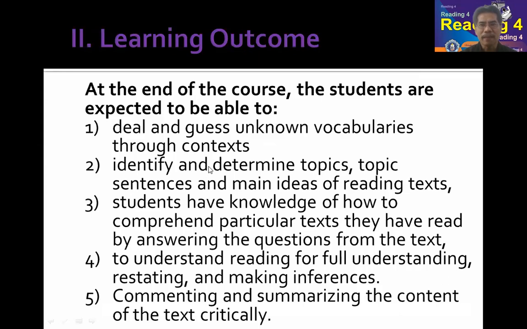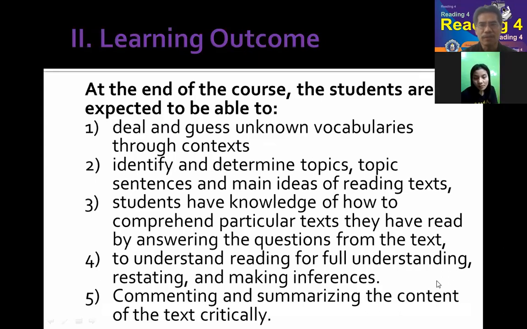Okay, and the next one is about the learning outcome. What are you supposed to have after having reading 4? At the end of the course, the students are expected to be able to, and this is similar to the learning objective, because outcomes mostly come from the purpose of our study.